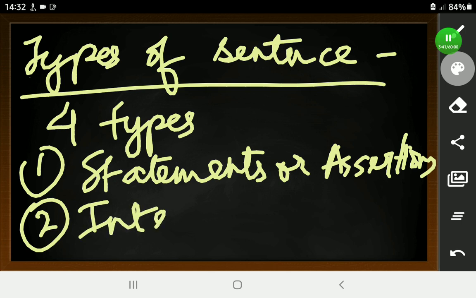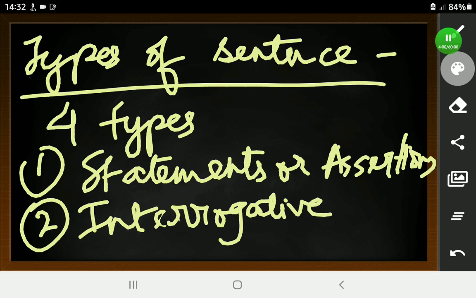Interrogative sentence. So please note these two down so that I can rub the board. Okay, I'm rubbing the board right now.